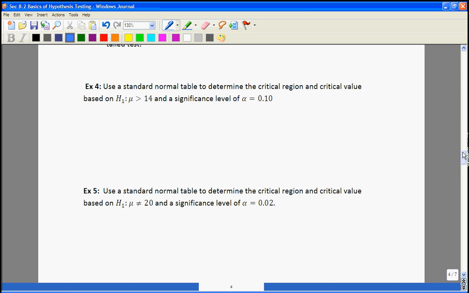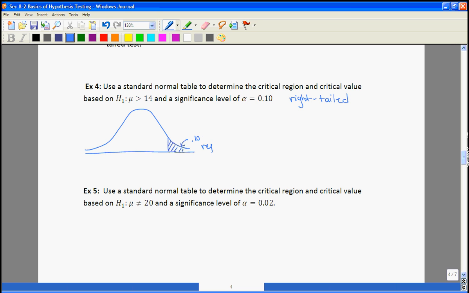We don't know. So what I'm doing here is I have a normal curve, the bell-shaped curve that we're used to. And what I'm saying, and this is a right-tail test, which we determined before since we are greater than, is that this area here is equal to 10%.